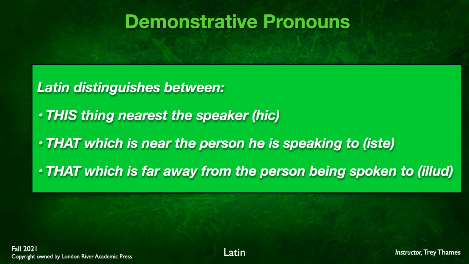If he wants to refer to something that is far away from him but close to the person he is speaking to, he would use the word iste, which translates to that in English. And if he wants to refer to something that is far away from the person being spoken to, he would use the word ille, and this is also translated as that.